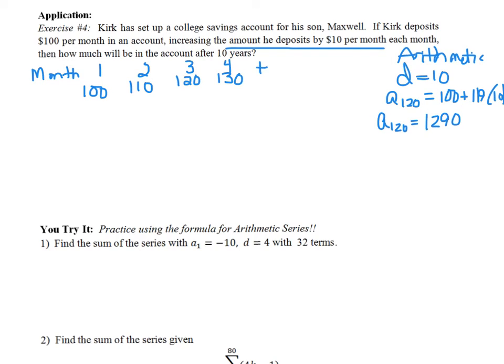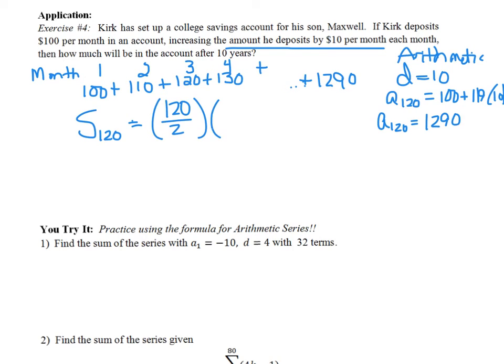So each of these gets added together, because I've got a major sum here, up to $1,290 at the end. So we're actually doing the sum of 120 months. This sum will just be equal to 120 divided by 2, multiplied by my rainbow sum, first term plus last term.